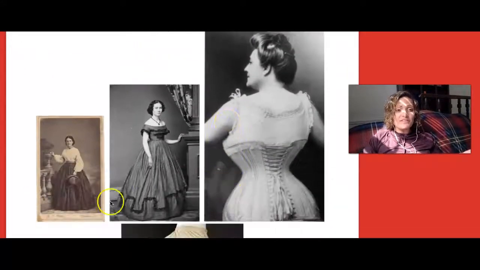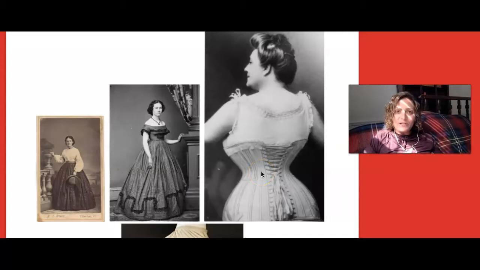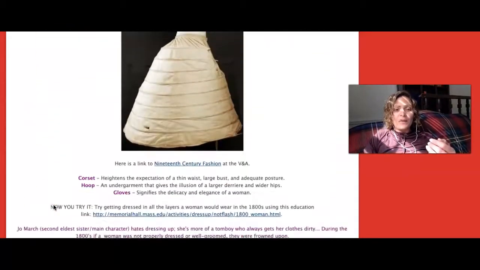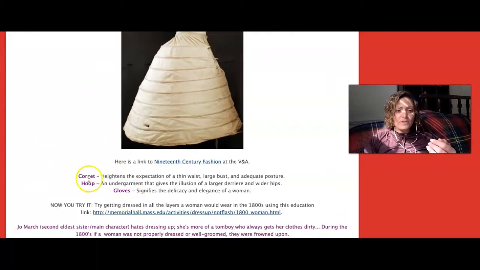This is very effective. These are images that came from databases that show real women from the time period that Alcott lived and is describing here, and what their clothing is literally doing to their bodies. Now, after these images, we have short definitions, and we have a link to a site where you can find more of these.